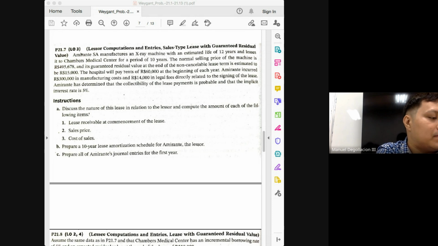The entry is simplified. It will just be to record the payment. And what is the entry to record the payment? Debit, cash, and credit, lease receivable in the amount of 2711.11. After this entry, after the January 1, 2023, if you were asked, how much is the balance of your lease receivable on January 1, 2023?